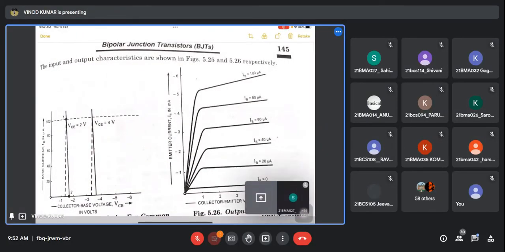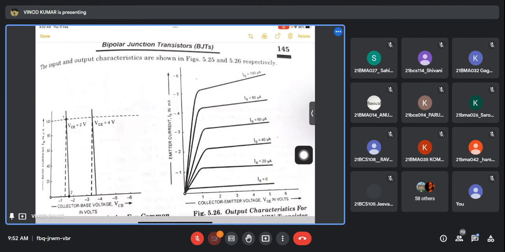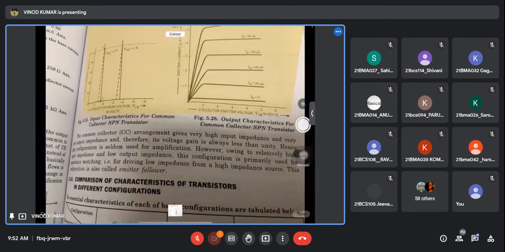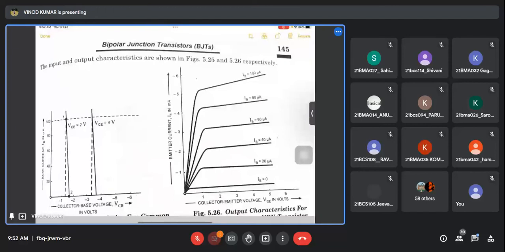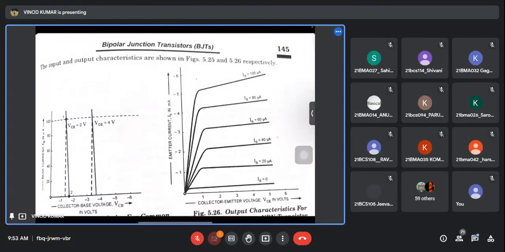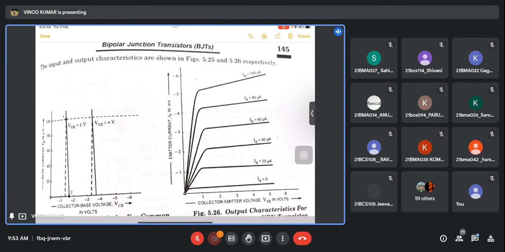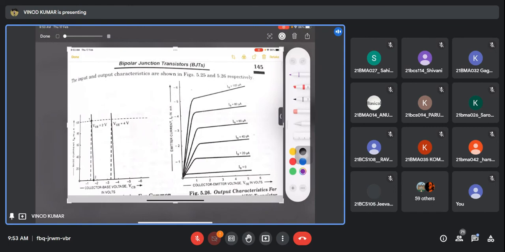This one. So if you see this, this is common emitter configuration. So this is small in this case. Okay. इस केस में है because input and output voltage they are almost same, right?